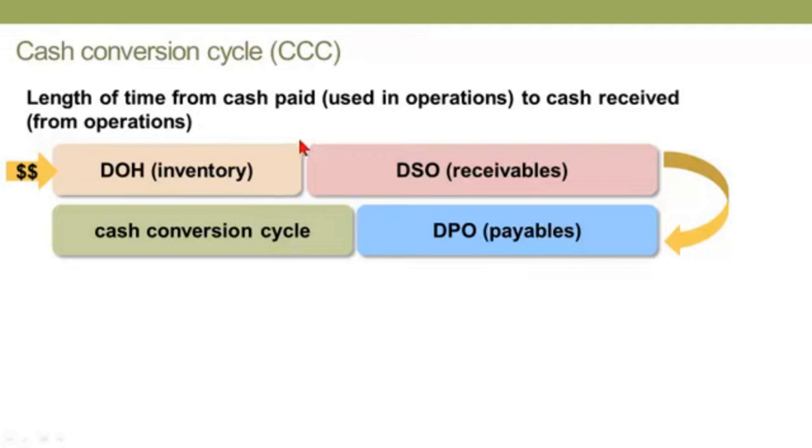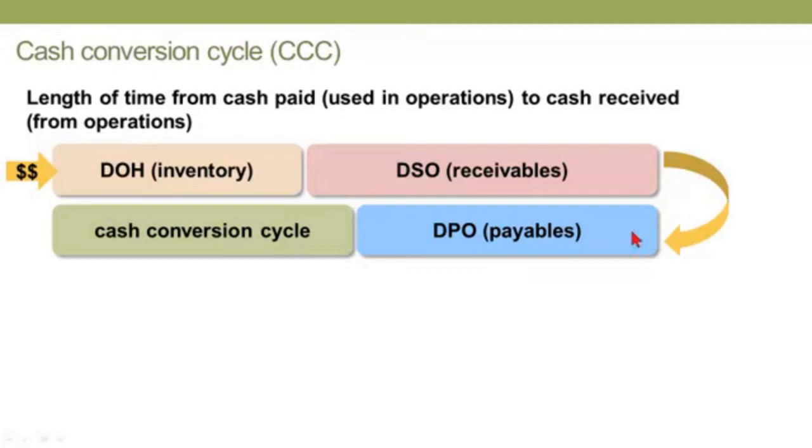And then once the products in inventory are sold to customers, an invoice would be issued, and then it becomes a receivable. But that's not cash yet either. So these two processes here, in a sense, are uses of working capital. They consume cash. And all other things being equal, the company doesn't look forward to longer periods here.